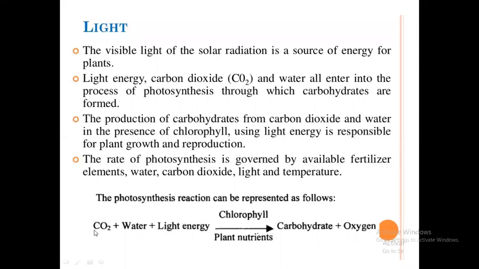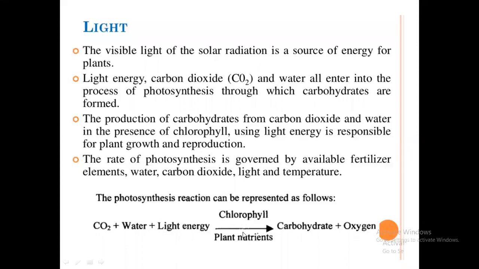The photosynthesis reaction is given here: CO2, that is carbon dioxide, with water and light energy, right? Light energy is available from solar radiation, in the presence of chlorophyll pigment, which is available in the leaves of the plant, in addition to plant nutrients that are available from the roots.